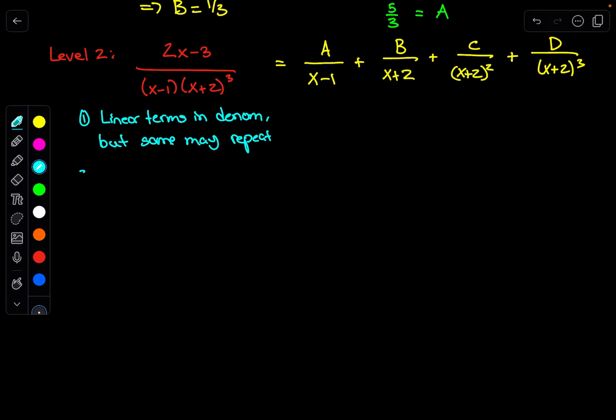And then, of course, very importantly, the degree on the bottom is larger than the degree on the top. Okay, so this is level 2. This is how you'd break it down. And then the process for solving for A, B, C, and D is very similar. You get common denominators, you clear out the denominator, and then you solve for A, B, C, and D using either balancing coefficients or plugging in x values to get equations or what have you.